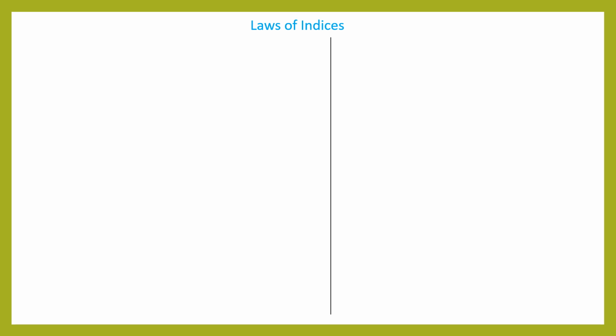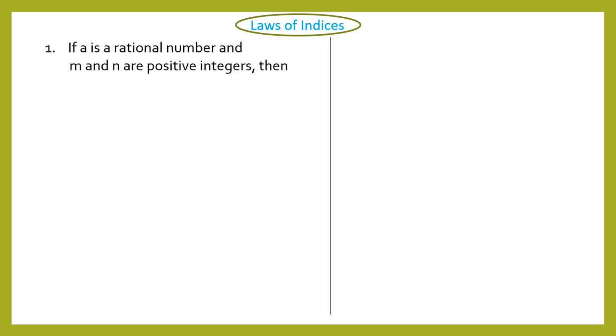Dear children, let's understand the laws of indices. First law: if a is a rational number and m and n are positive integers, then a raised to m into a raised to n is equal to, let's see what will be the answer.